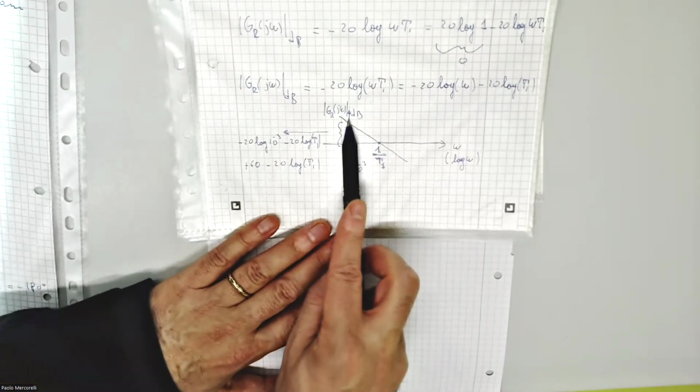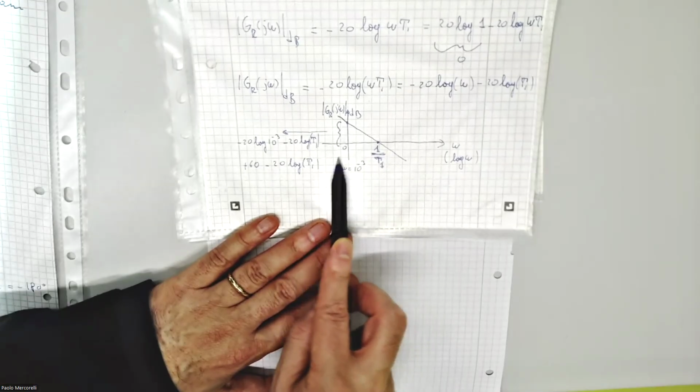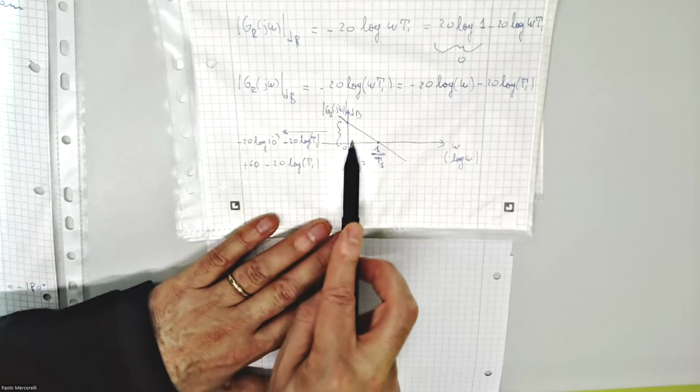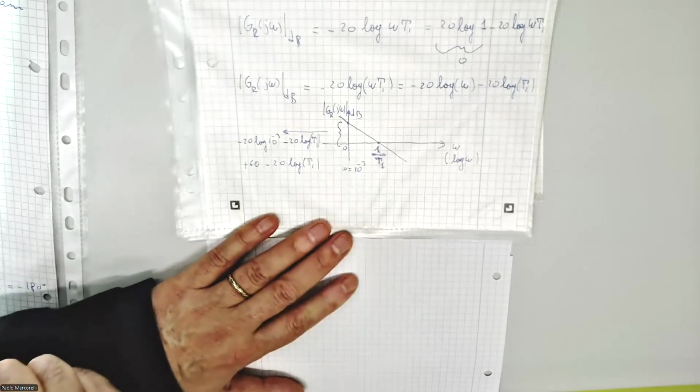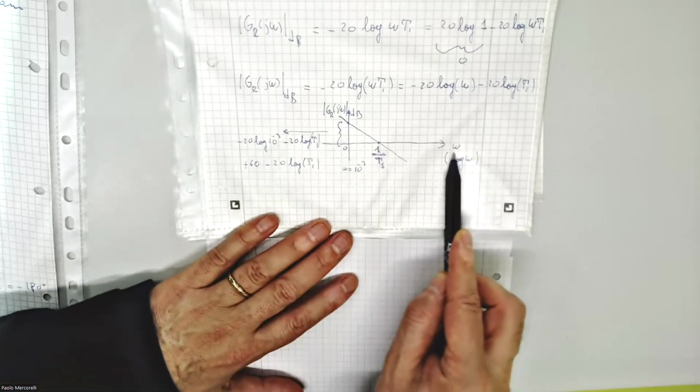If omega is in value, it could be 1, it doesn't matter what. In this case, 10 to the power of minus 3. In any case, not 0, because the logarithm is not defined at 0. Here, please pay attention. This means in logarithmical scale.